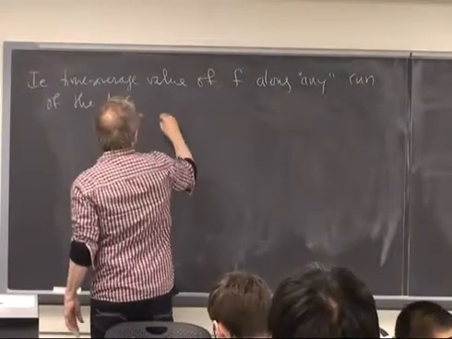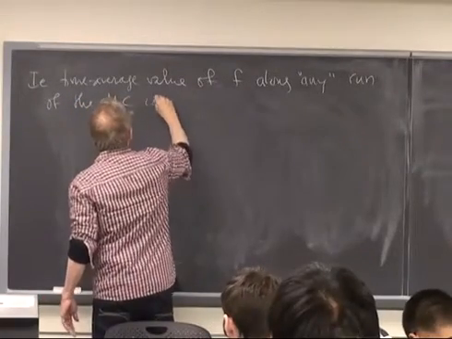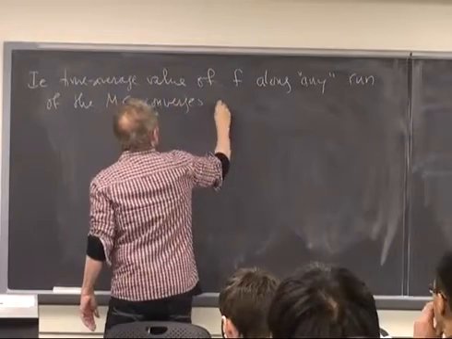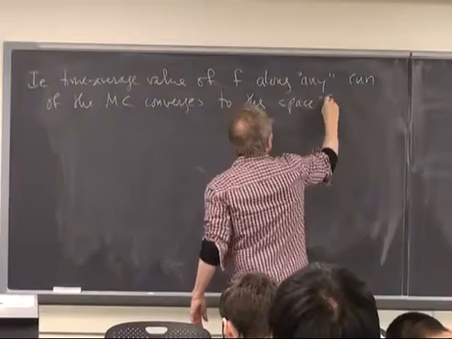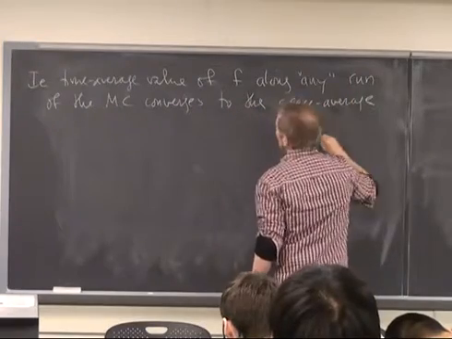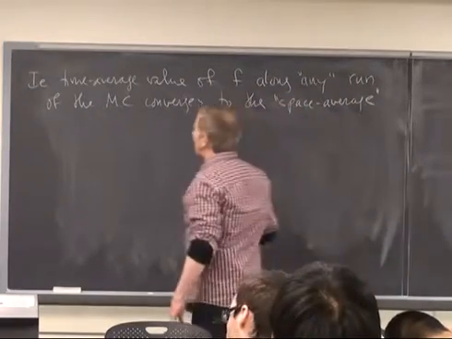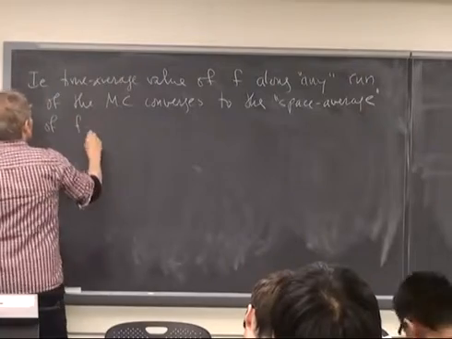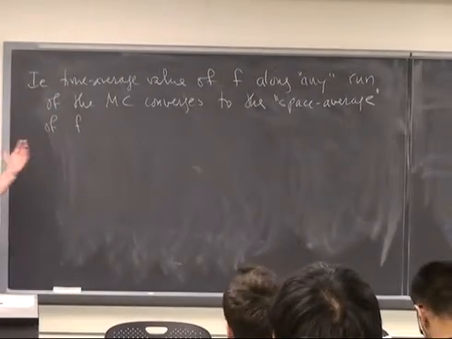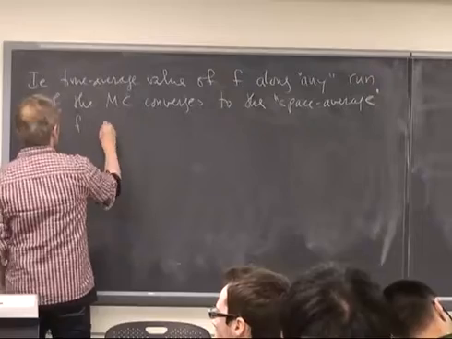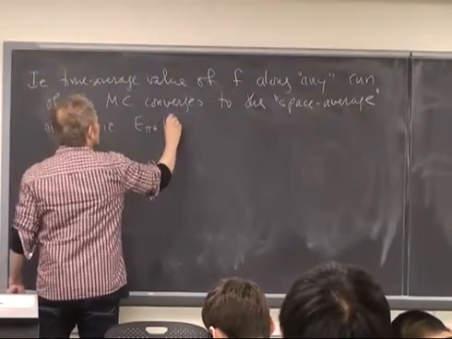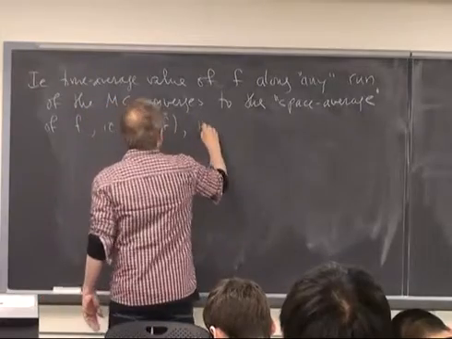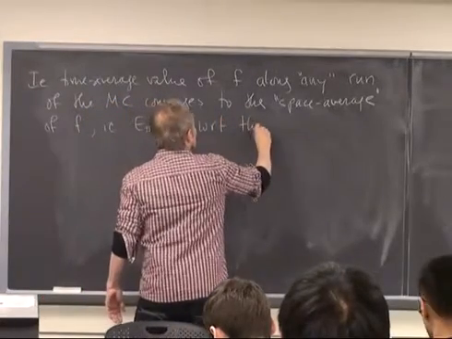The time average value of f along any run of the Markov chain converges as n goes to infinity to the space average of f, where by the space average of f I mean the average of f with respect to the stationary distribution, E pi star f.